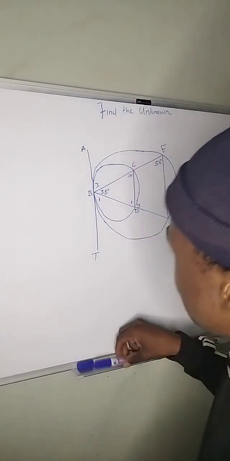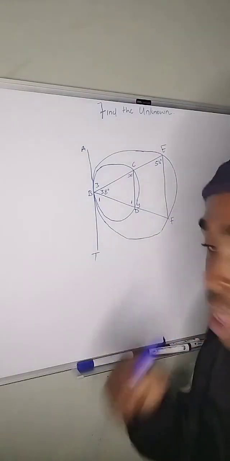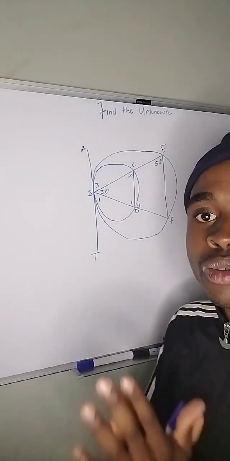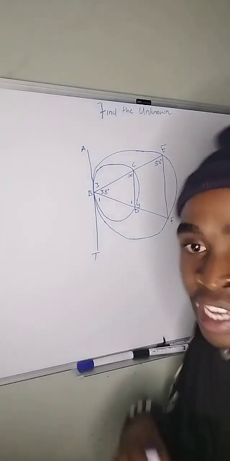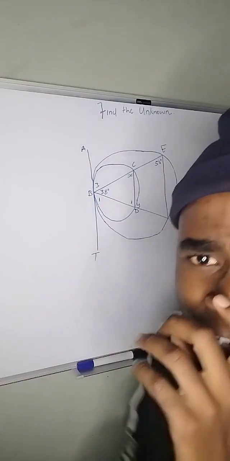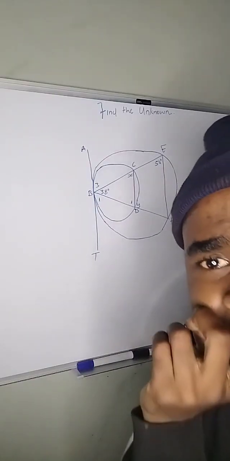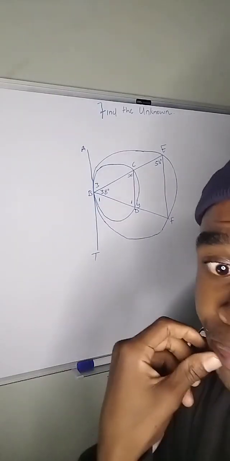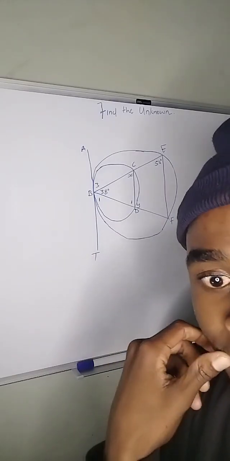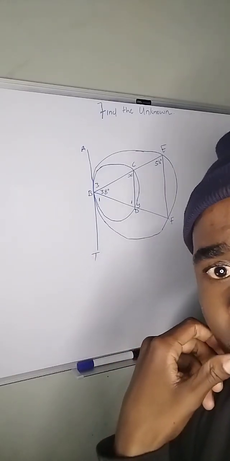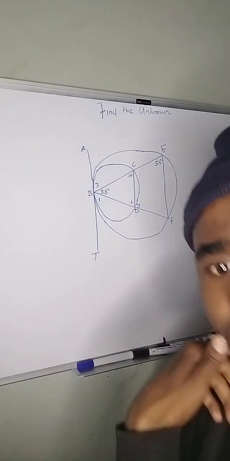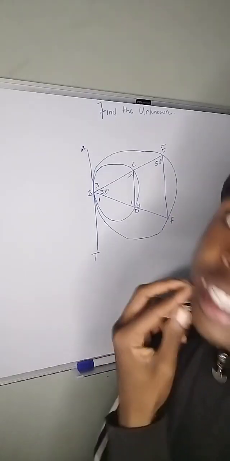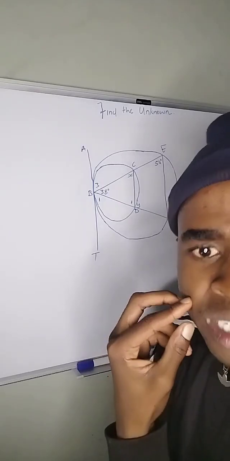Firstly, what is it that we have to determine? What is it that we can find? We can start by finding B1. Can we find B1? What is the value of B1?